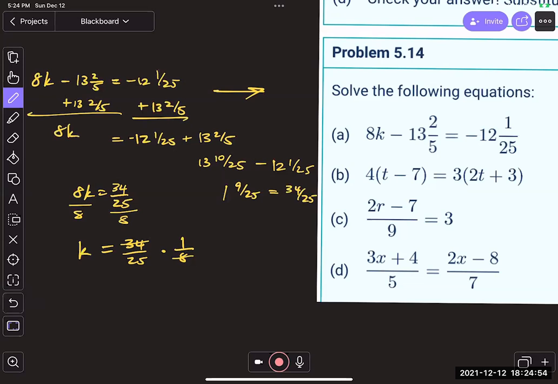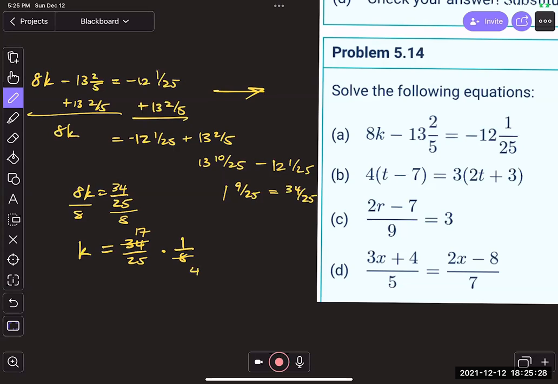What is 34 divided by 2? It's 17. What about 8 divided by 2? 8 divided by 2 is 4.